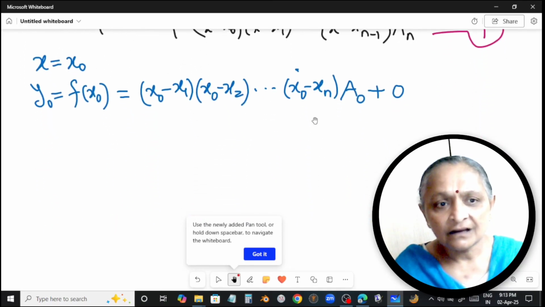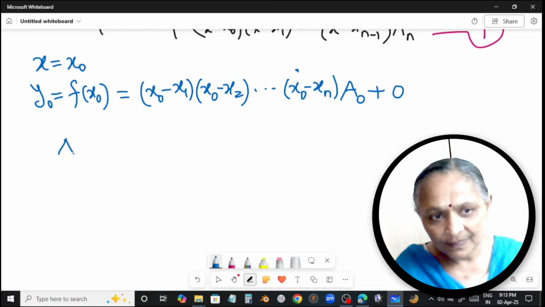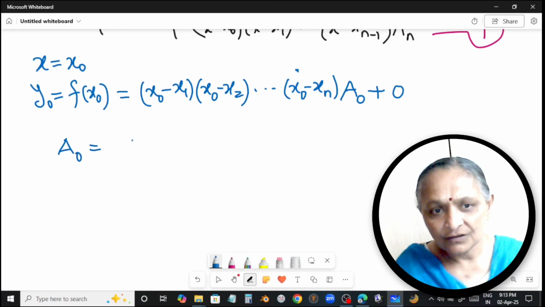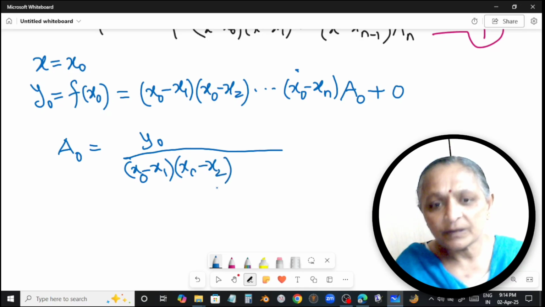Then the value of a naught I can see becomes y naught upon x naught minus x1 multiplied by x naught minus x2 multiplied by and so on x naught minus xn.